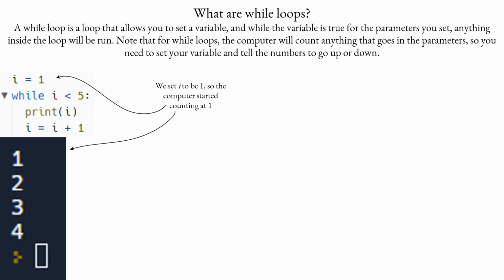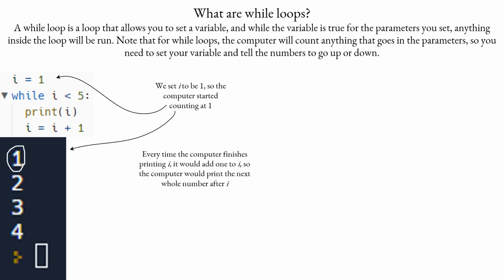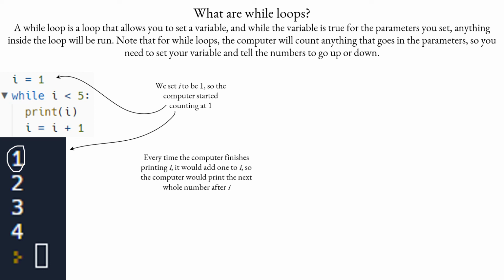So look, we set I to be 1, so the computer started counting at 1. And every time the computer finishes printing I, it will add 1 to I. So the computer would print the next whole number to I.